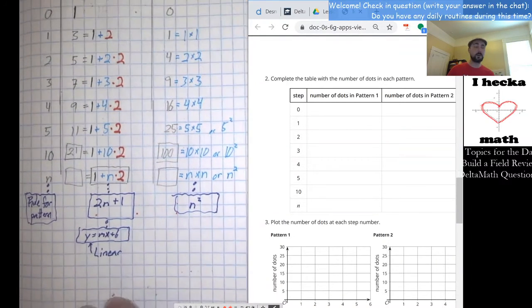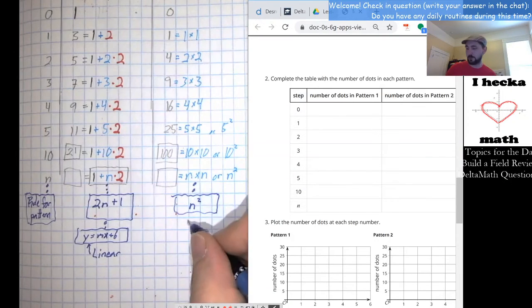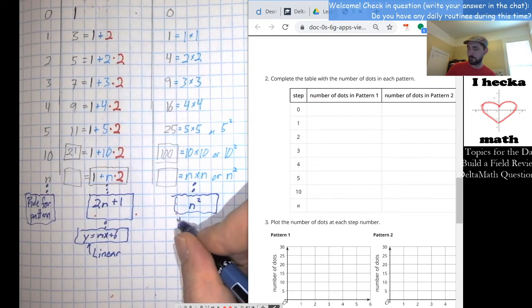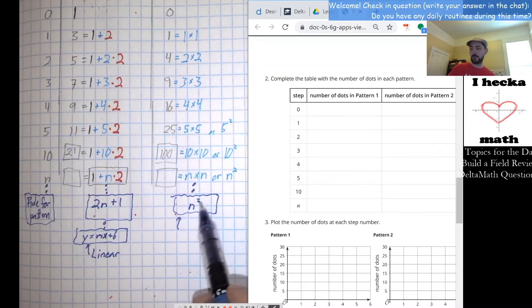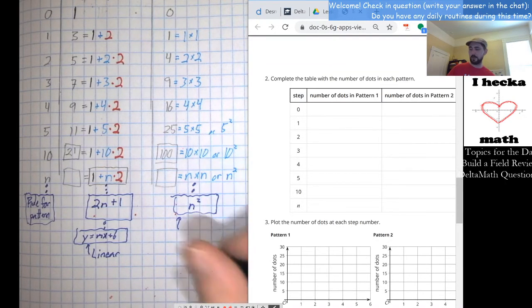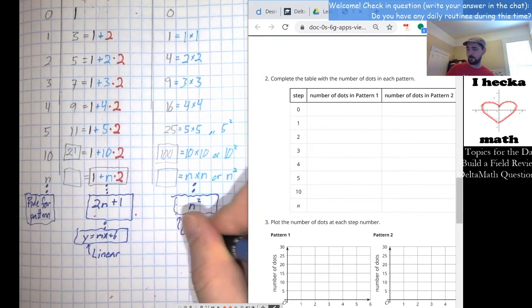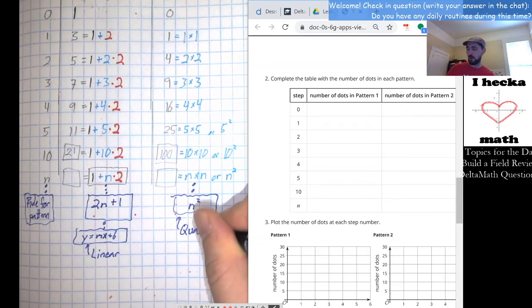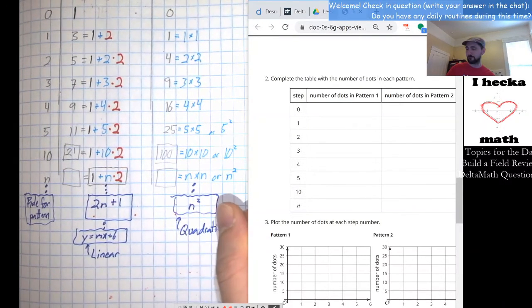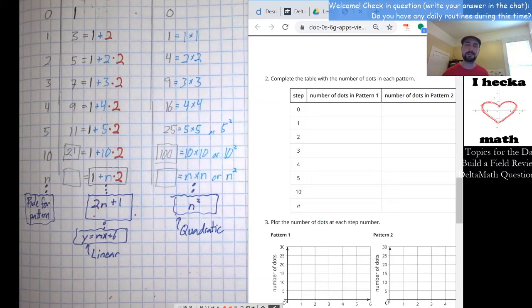And we're going to be studying this formula a lot, so I don't mind just telling you that whenever you have something that's squared in it, we say that this is called quadratic. Quadratic. You're going to be hearing this word a lot.